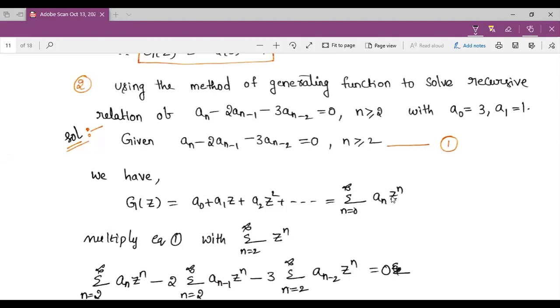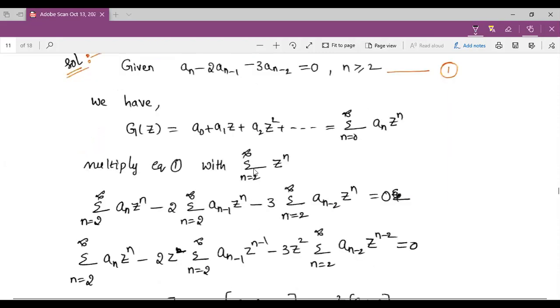So multiply given equation 1 with summation n is equal to 2 to infinity z power n. So the degree of the given recurrence relation is 2. So we start the series n value 2, n is equal to 2 to infinity z power n, and also given n greater than or equal to 2. Okay.